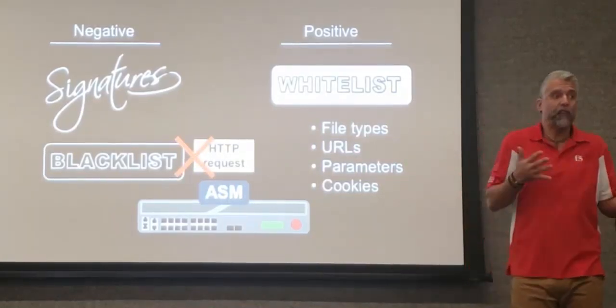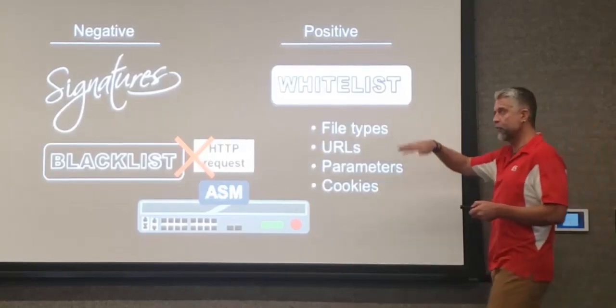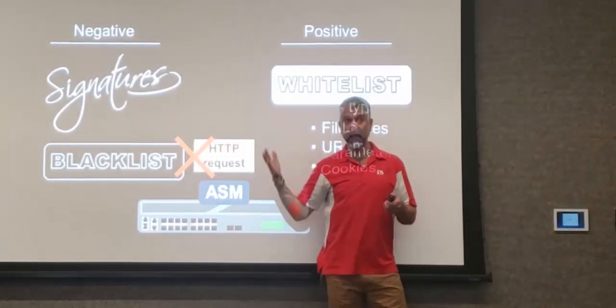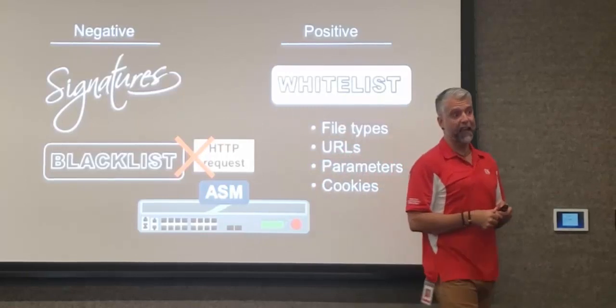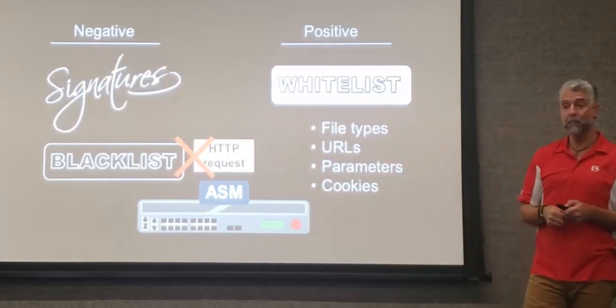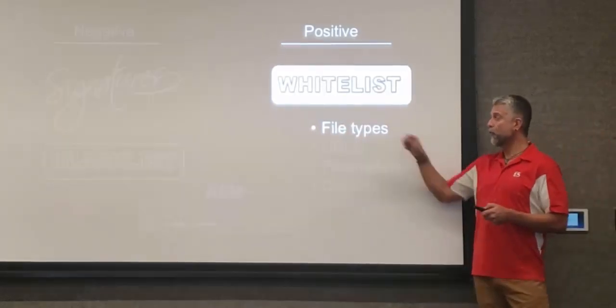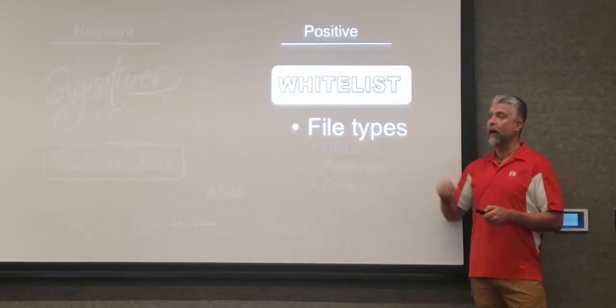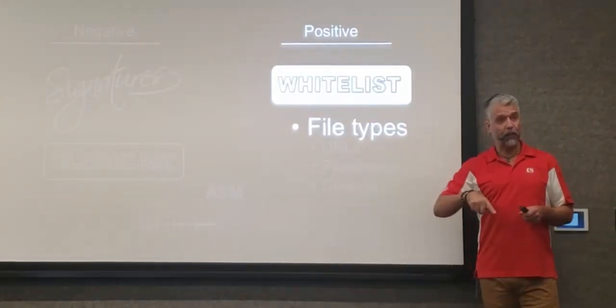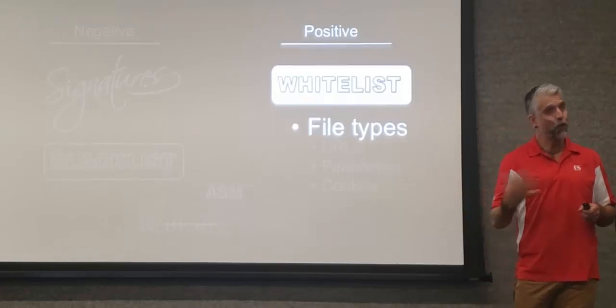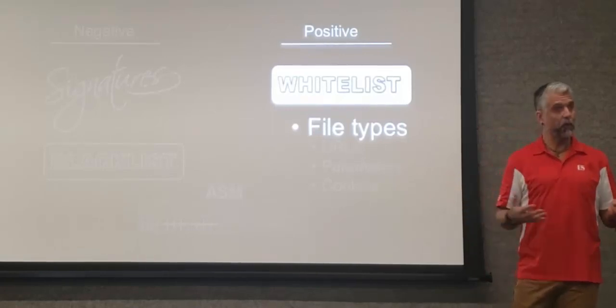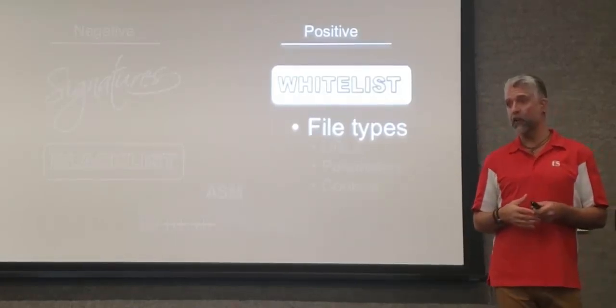We don't have to use positive security, we don't have to use negative security, but we can. I think that's what really makes ASM unique as a product. We're going to be focusing mostly in this lesson on file types. But later on after lunch, we're going to add URLs and parameters to our positive security as well.